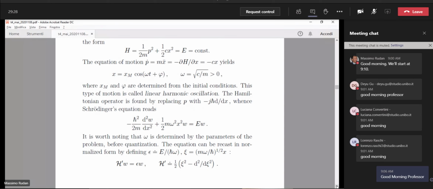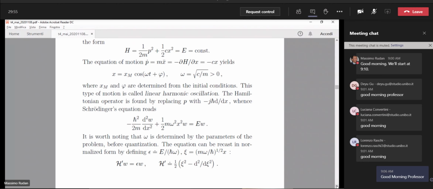So now we have to solve an equation like this, that is a differential equation of the second order in which the potential energy is not a constant, it is quadratic with respect to position. Before we start the solution of the equation, it is convenient to eliminate the constant.